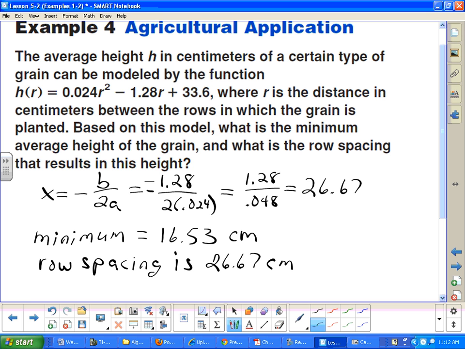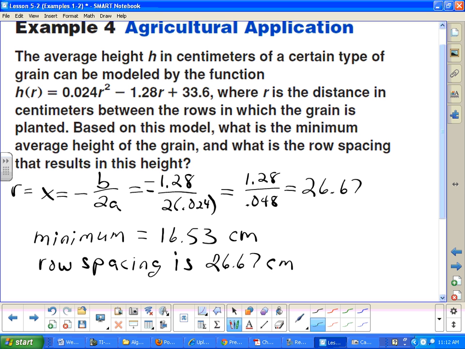Because the first number we found is actually r, because that's row spacing. So instead of using x, our function has r in it, and r, it says, is the distance between the rows. So the row spacing is 26.67 centimeters.